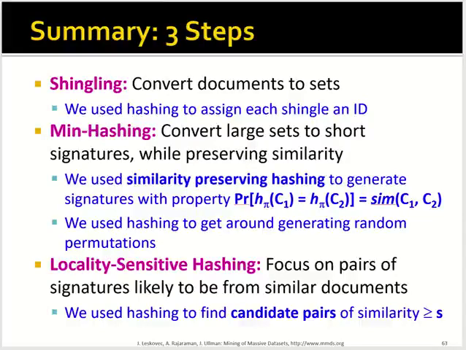So with this property we can hash the different columns around to generate random permutations. In the third step, locality sensitive hashing is used to find near neighbor items, focusing on the pairs of signatures likely to be from similar documents.